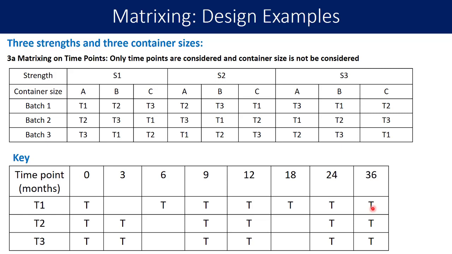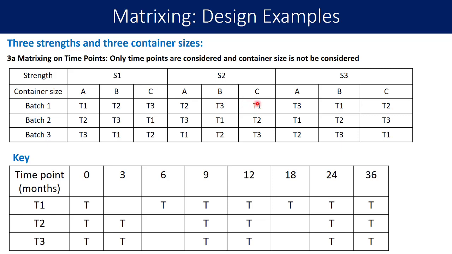One is a 30 cc container, other is a 60 cc container, and the third one is the 90 cc container. Right? So here on the screen, you will find that the three strengths are denoted by S1, S2, and S3. The container size is denoted by A, B, and C. And the same containers will also be used for the second strength and the third strength. So you will find ABC common across all three different strengths.